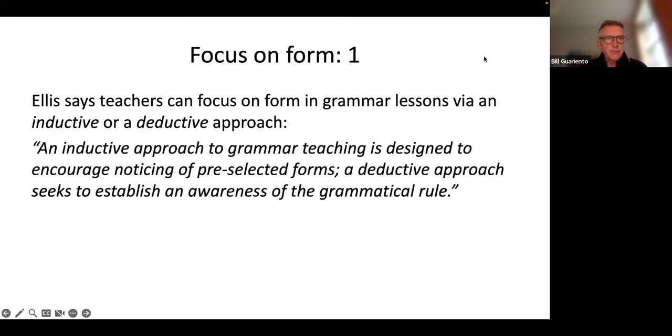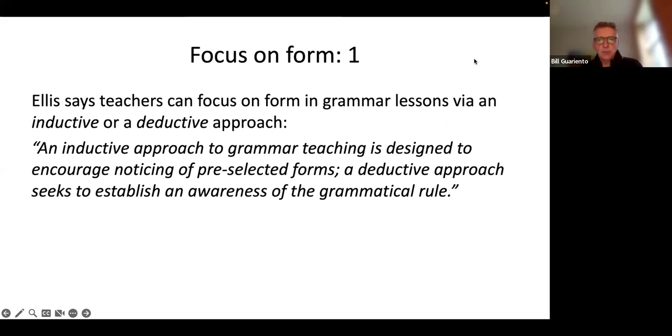Ellis says teachers can focus on form in grammar lessons via an inductive or a deductive approach. And these are Ellis's words. An inductive approach to grammar teaching is designed to encourage noticing of pre-selected forms.